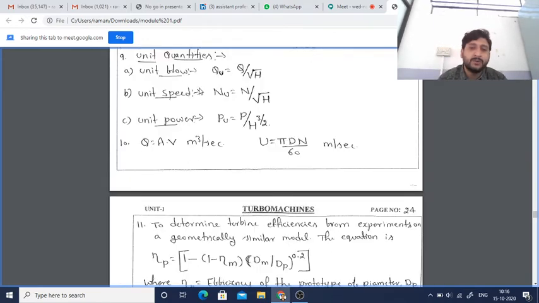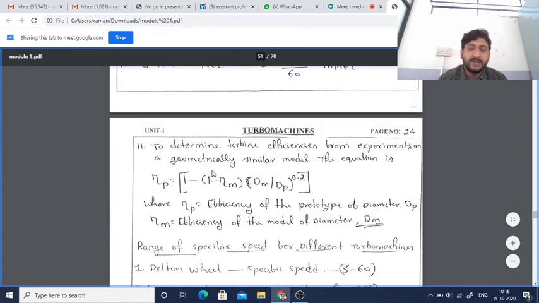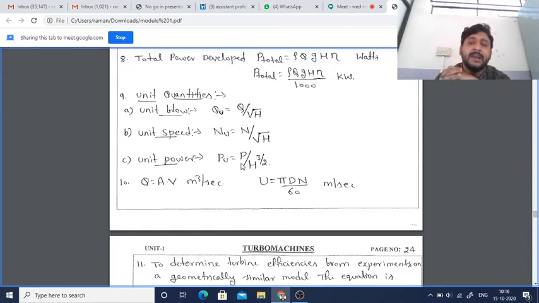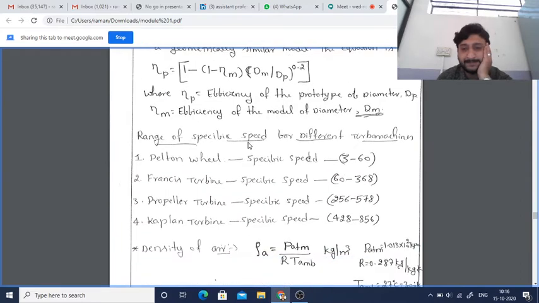Then coming to the unit quantities Qu, Nu and Pu. These formulas and everything I have solved are already available in the complete chapter notes. Okay, so let me start with the problem then.